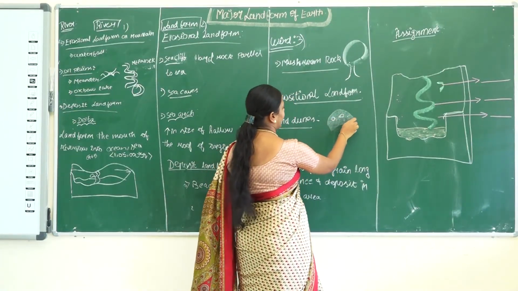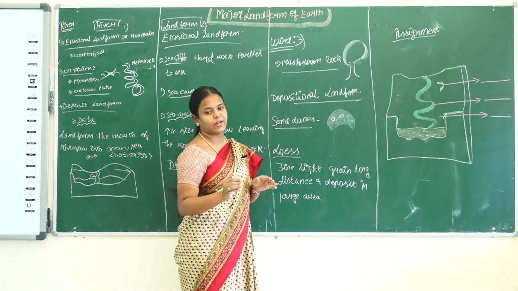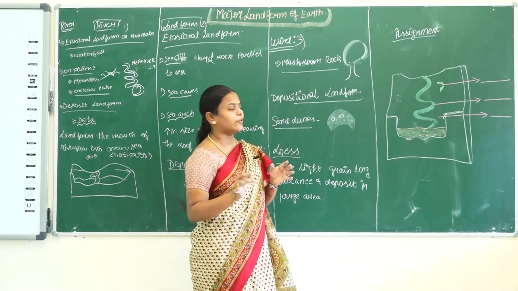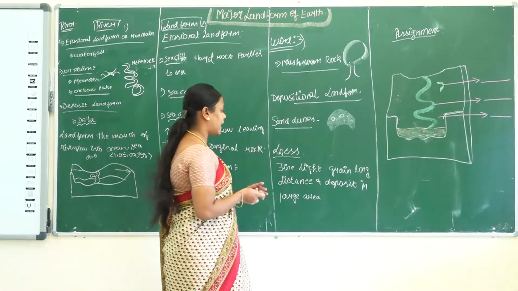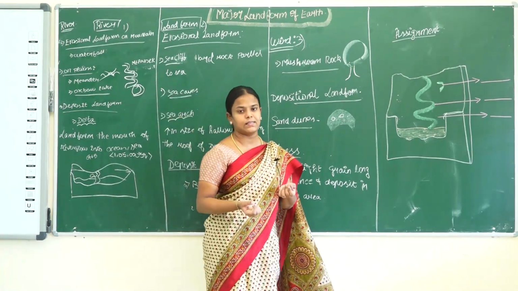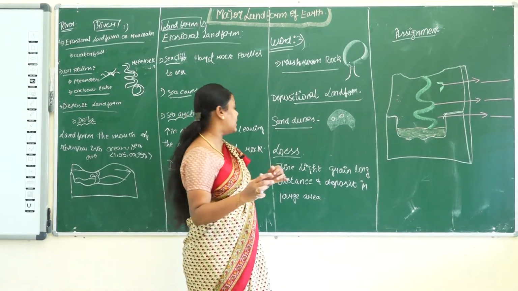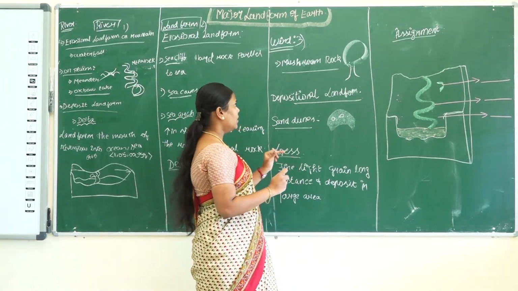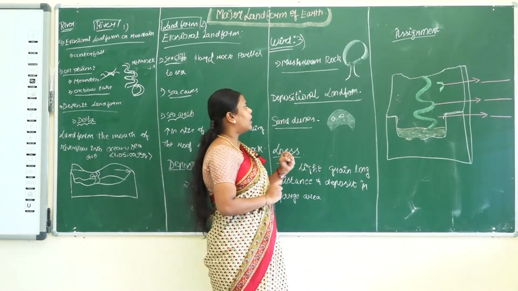So it is known as sand dunes. Next, coming to loess, fine grains. The fine grains travel a long distance and deposit in a large area, which is known as loess. These are some of the wind carrying agents.